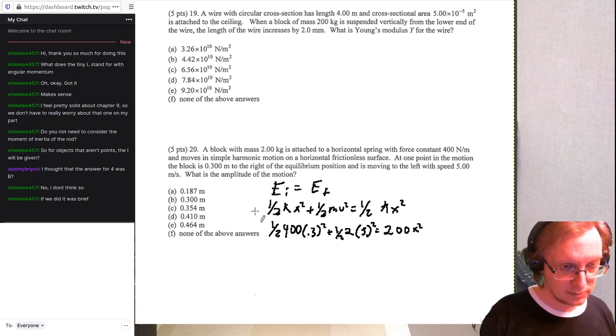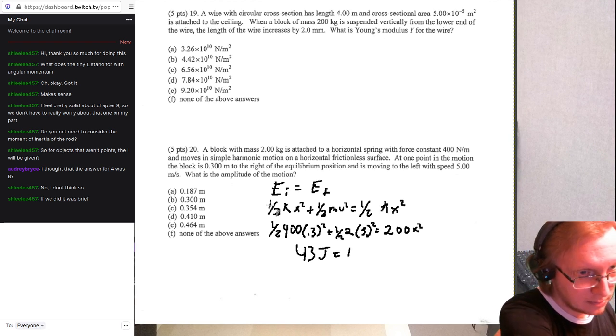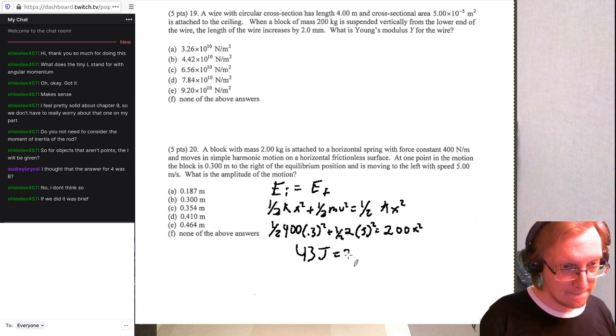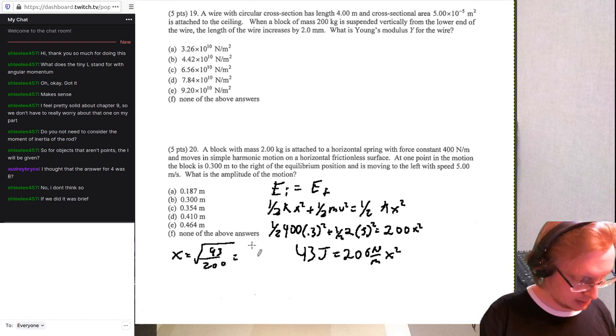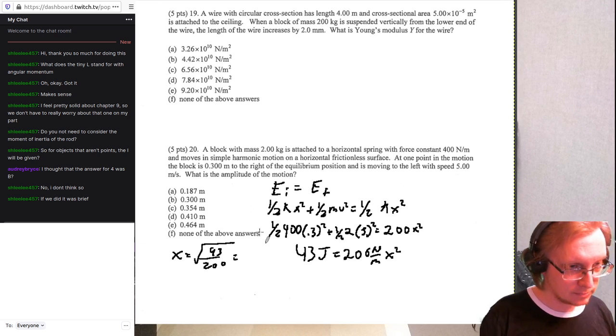So that's 43 joules equal to 200 newtons per meter times x squared. Therefore, x is equal to the square root of 43 divided by 200, and that is 0.464.